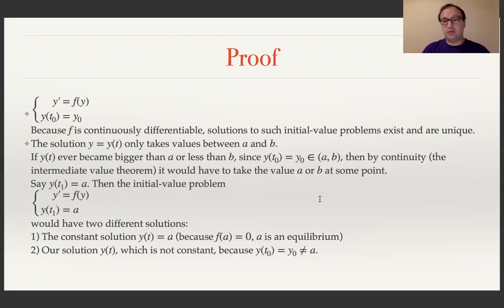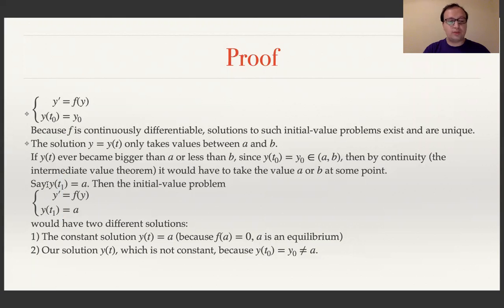So in order to obtain a contradiction, suppose that y actually eventually reached the value A, so at some point took the value A. Then let that moment in time be called t1.